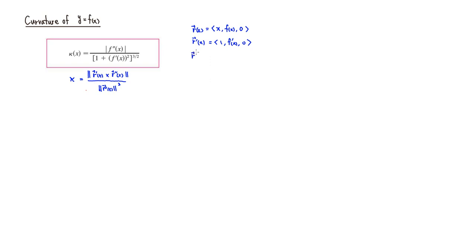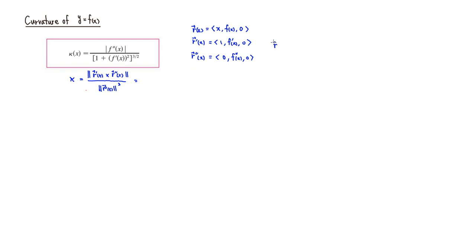The second derivative with respect to x would be: the derivative of 1 is 0, the derivative of f prime is f double prime, and 0. If you follow this formula, we have to find the cross product first.